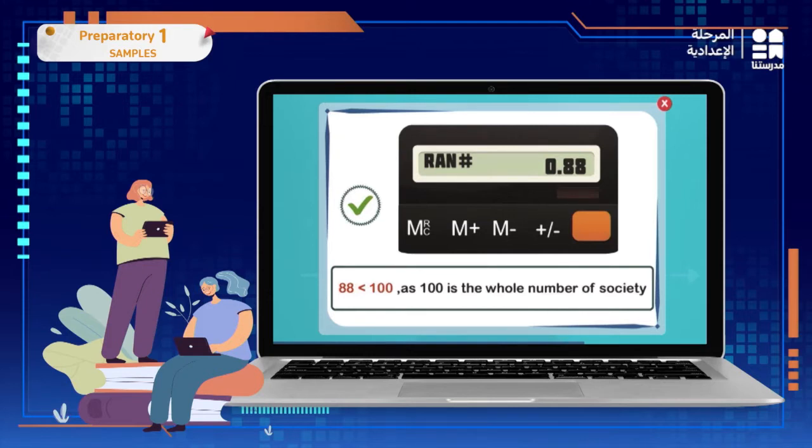If these numbers are less than the whole number of the society, let's say it is 100 here, you have to accept them as in the figure. On the other hand, if the numbers are greater than the whole number of the society, immediately ignore them. Generally, no way is better than the other, as each of them has its advantages and disadvantages and also has its suitable application.